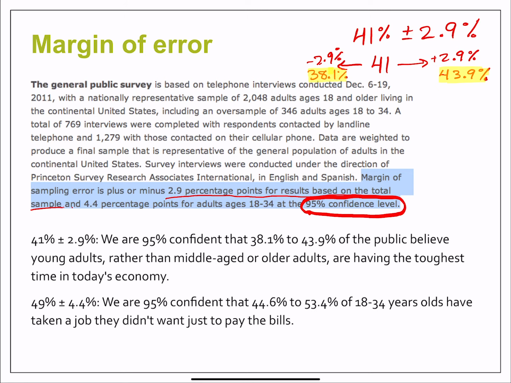And we had a different margin of error for the other sample between 18 and 34, which was 4.4, meaning either we go up 4.4 or down 4.4. And that would give us between 44.6% and 53.4%, right? So that gives us the range that they're confident that the value is between.